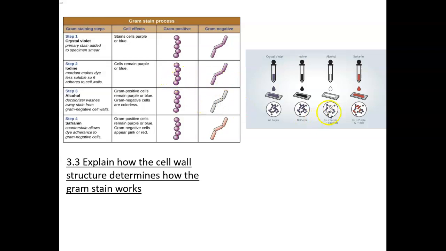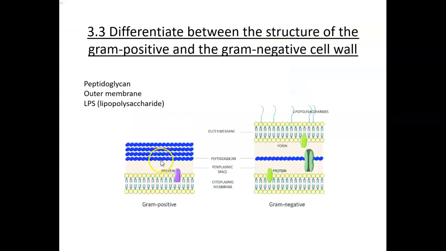The third step, you're going to add some alcohol. And crystal violet and iodine will rinse out. It will decolor. It's a decolorizer. It'll rinse out the color. Except in this gram-positive wall, this layer is so thick that big crystal violet iodine, remember the crystal violet went in, the iodine went in, but when they go out, they're stuck together and they're too big to get out.